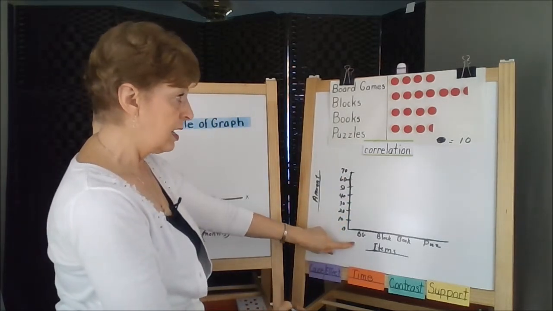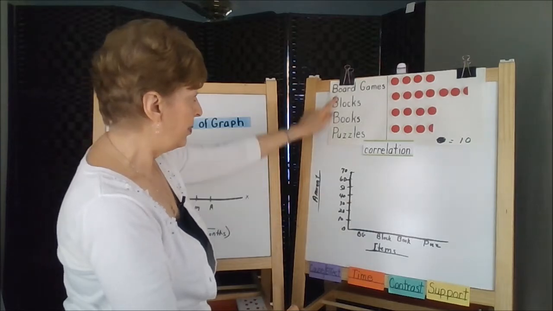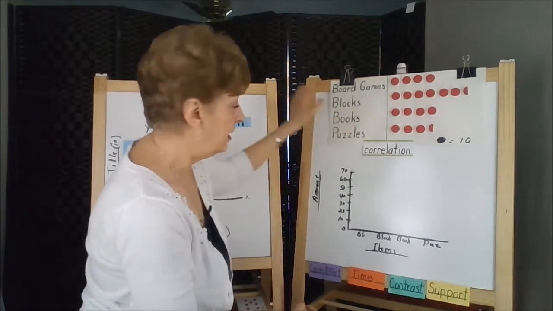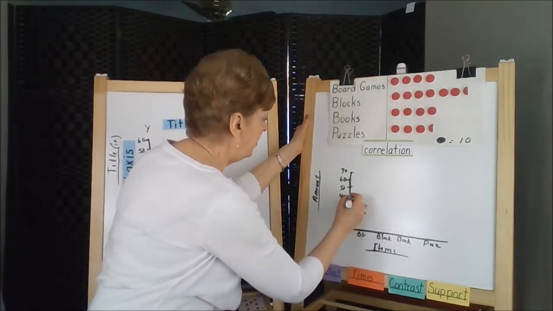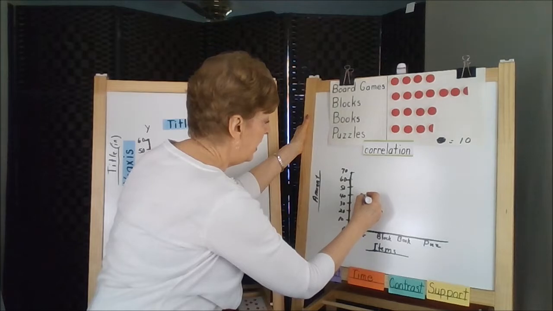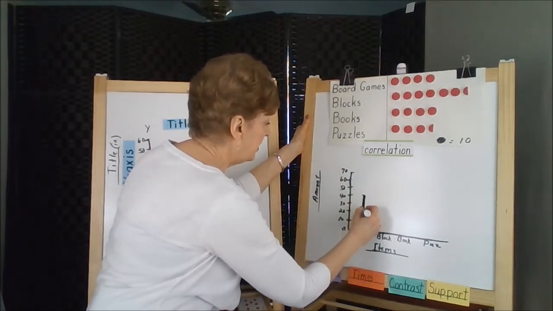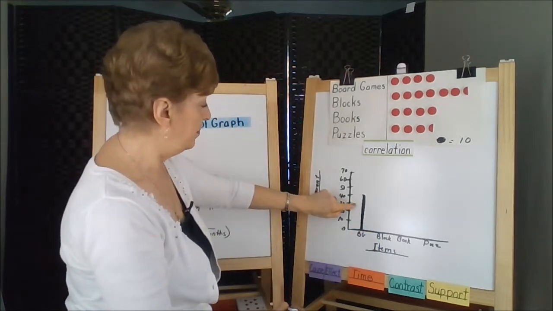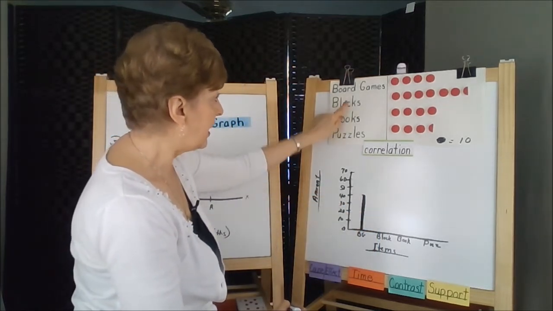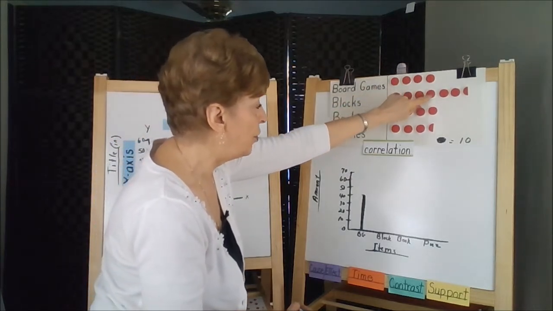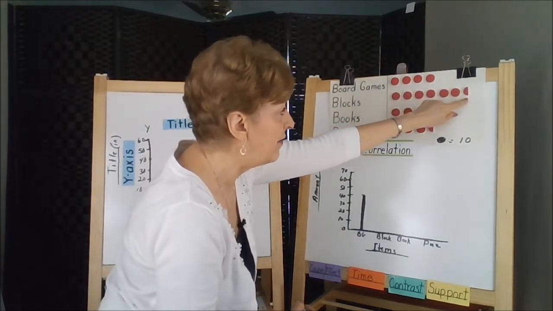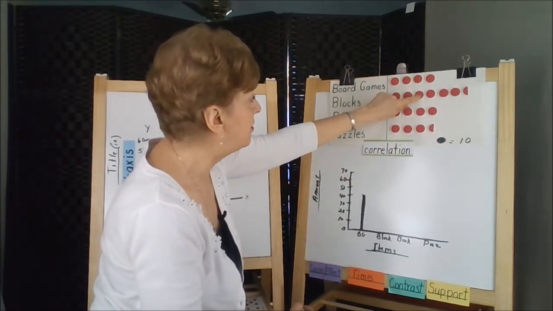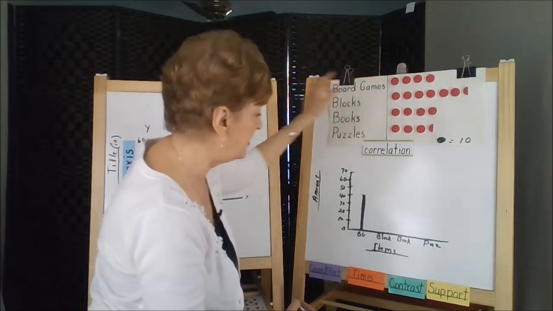All right, so coming back here now, the board games were 10, 20, 30, 40. So I could make a line here at 40 and draw a line back down here to the board games. So this would be one of my lines. The blocks, 10, 20, 30, 40, 50, 60, and I have a half a block here, so that means only half of 10. 10, 20, 30, 40, 50, 60, 65.